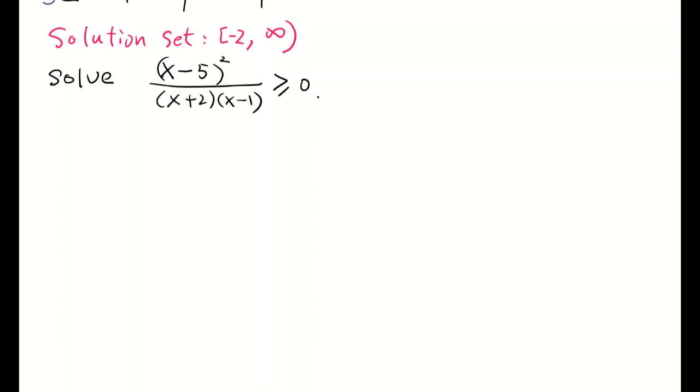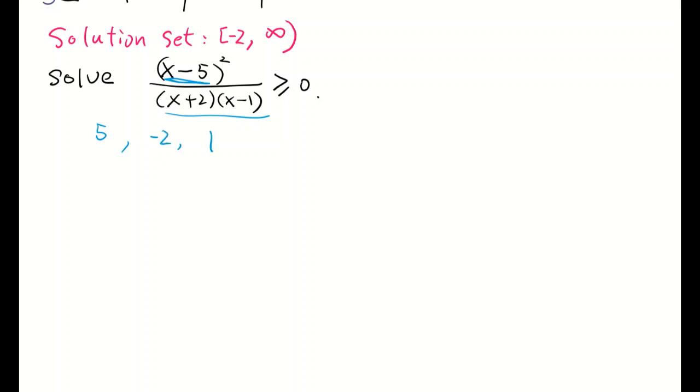Well, this is a rational inequality. So same thing, we want to find all the zeros, but in this case you want to find all the zeros from the numerator and all the zeros from the denominator. The zero from the numerator will be 5, and the zeros from the denominator will be negative 2 and 1.